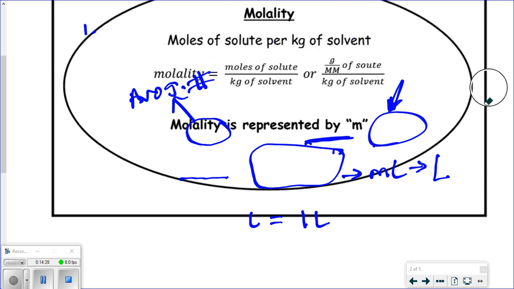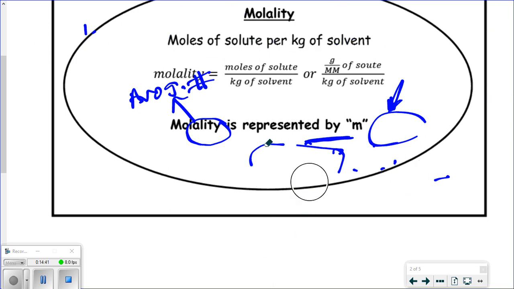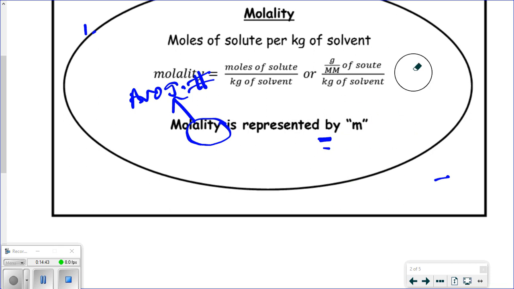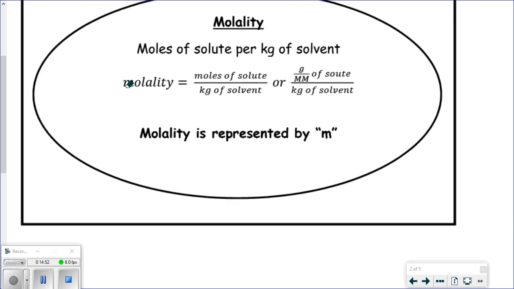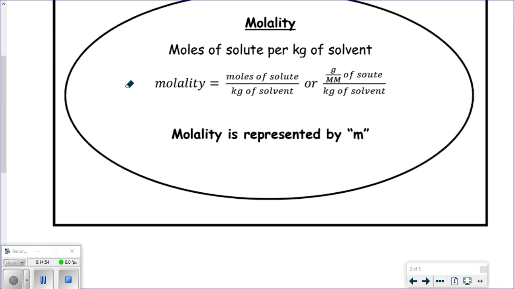I am going to tell you what it is in case you see it later in life. If you take chemistry in college, you might see it. I can honestly say I don't remember. That was way too long ago for me. All right, molality, you notice there's an L there. And that's a way of measuring concentration as well.